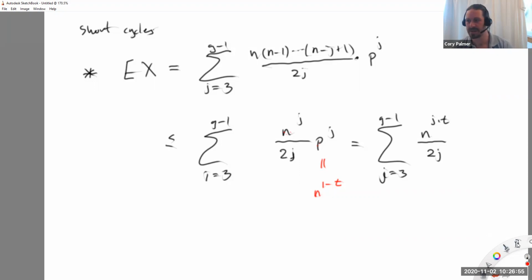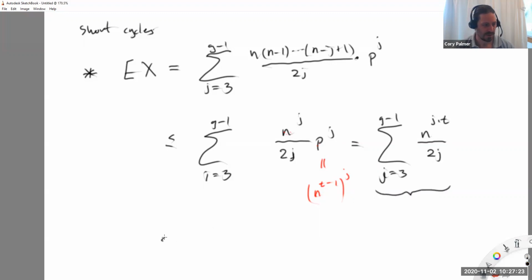Oh, it's not 1 minus t. 1 minus t would be bad. That wouldn't be a probability, t is smaller than 1. It's t minus 1. P is n to the t minus 1. So n to the t minus 1 times n is n to the t, and then I still have the j there. So it's n to the jt.